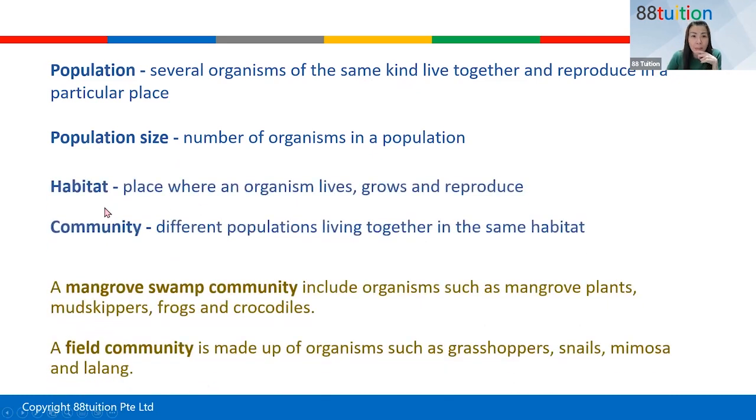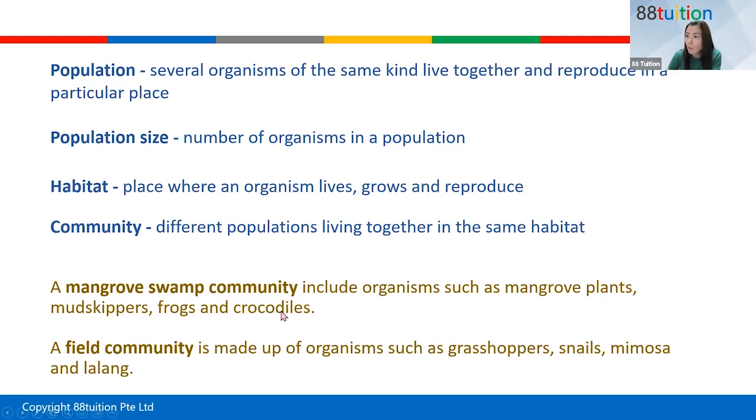Then we talk about habitat. Habitat is where an organism lives, grows, and reproduces. Community has many different types of population living together in the same habitat. For example, a mangrove swamp community has organisms like the mangrove plant, mudskipper, frog, and crocodile.